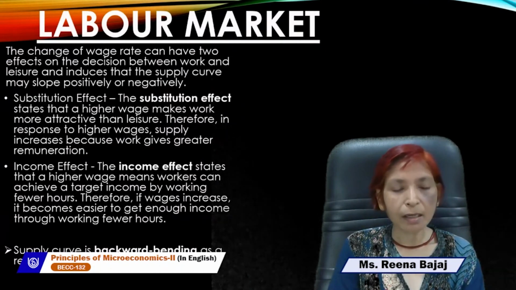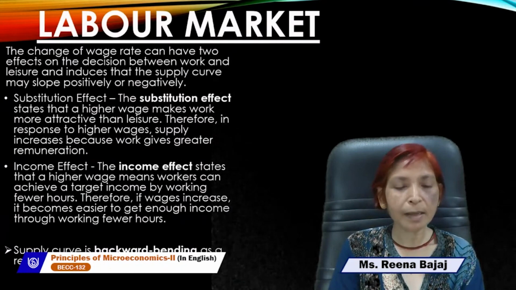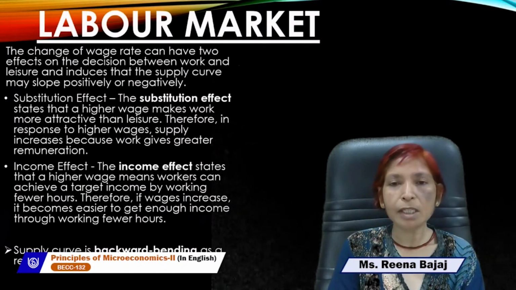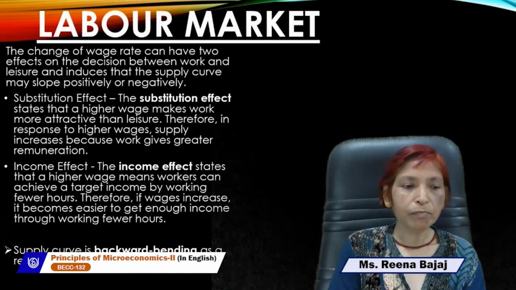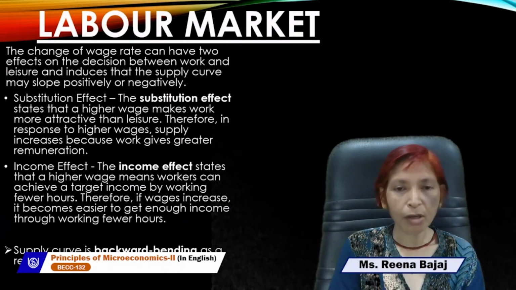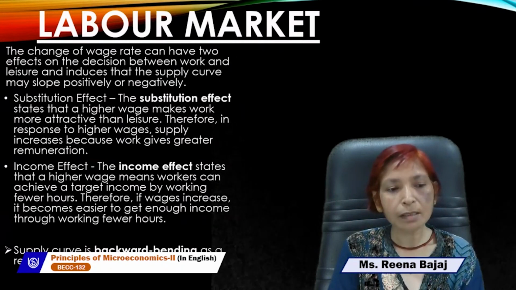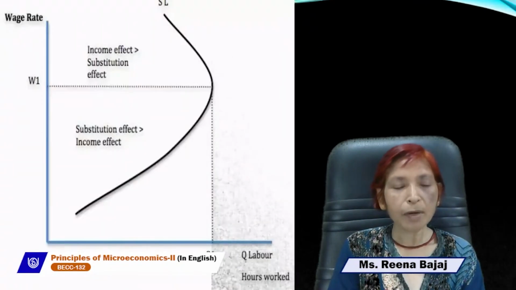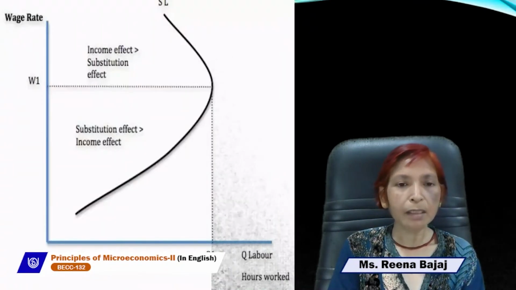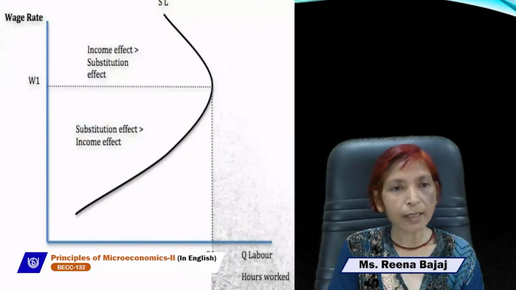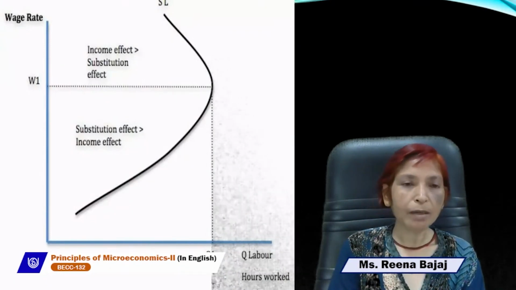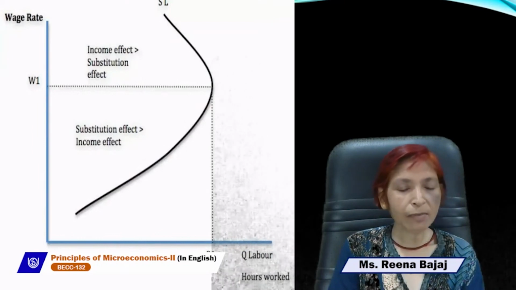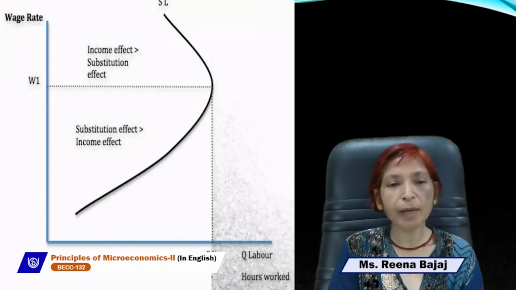Under the income effect, at a higher wage rate workers can achieve a target income by working fewer hours. So if wages increase, it becomes easier to get enough income through working fewer hours. The labor supply curve first increases, and after that it slopes backward. That's why the labor supply curve is backward bending.